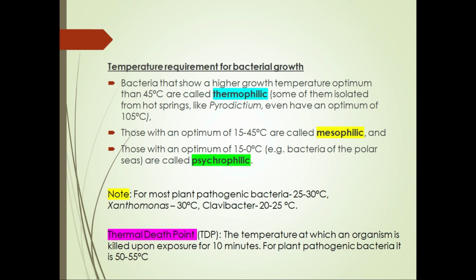It refers to the temperature at which an organism is killed upon exposure for 10 minutes. For plant pathogenic bacteria, the thermal death point is 50 to 55 degrees Celsius. So, if a bacterial suspension is heated at 50 to 55 degrees Celsius for 10 minutes, then the bacterial cells will die.